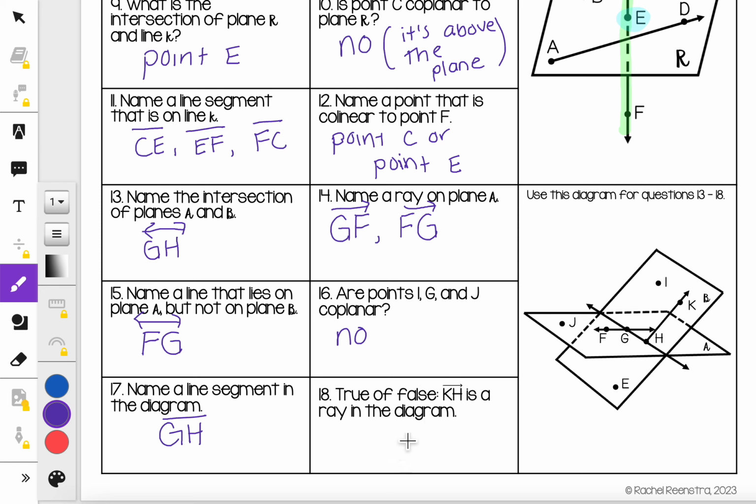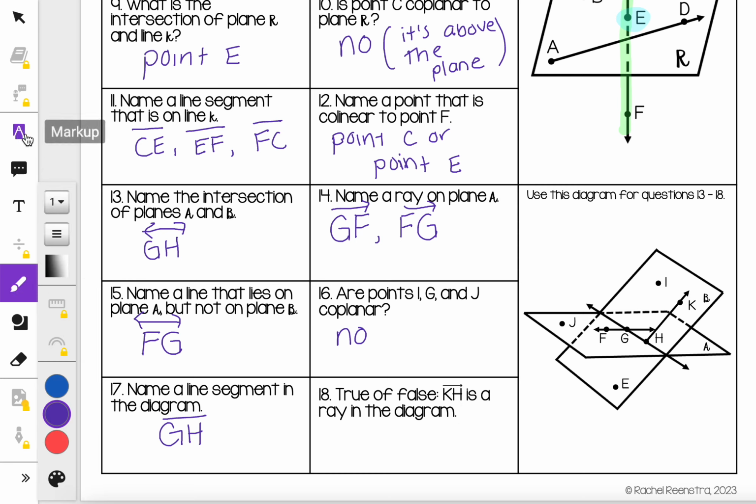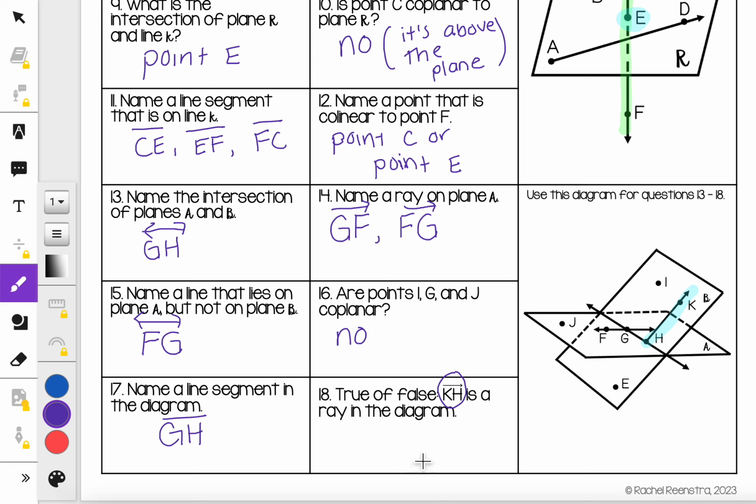Okay, and then number 18, true or false, ray KH is a ray in the diagram. So here, if I look, this means my starting point, or my end point, would be K, and then I would go forever in that direction of H. All right, if I look at my diagram, I don't have an arrow extending at H. Okay, so I don't actually have this ray, because the way that this is written, it's telling me that K is the endpoint and then I'm extending forever in the direction of H, but H is an endpoint.